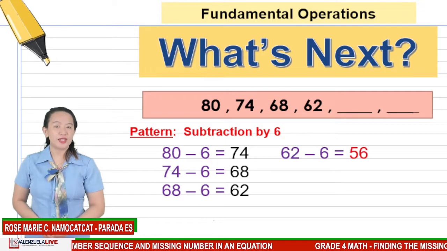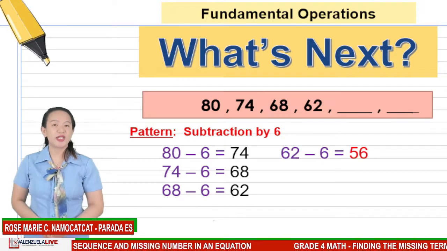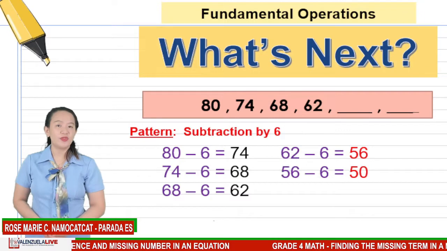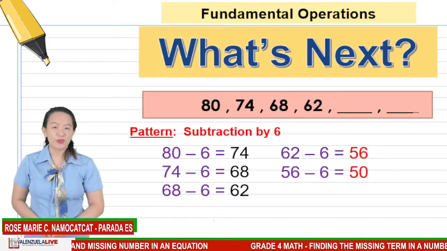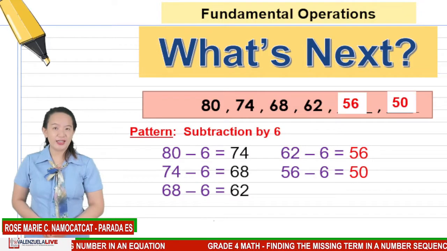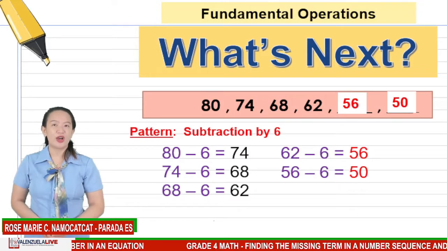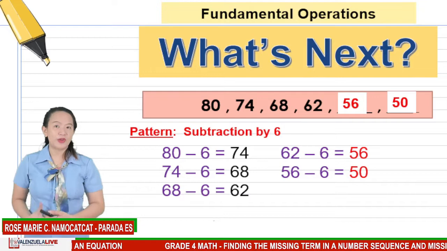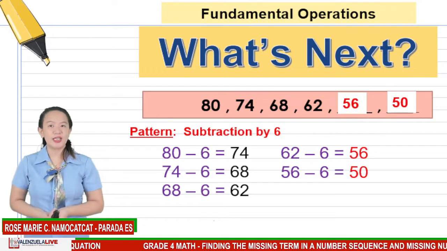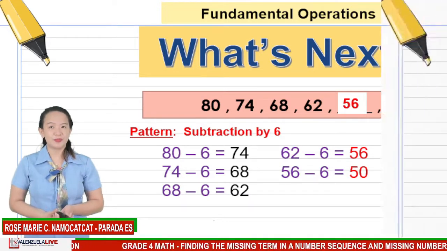Now what is 62 minus 6? The answer is 56. And then 56 minus 6 is equal to 50. So our answer here is 56 and 50. Very good. The fundamental operation used is subtraction.